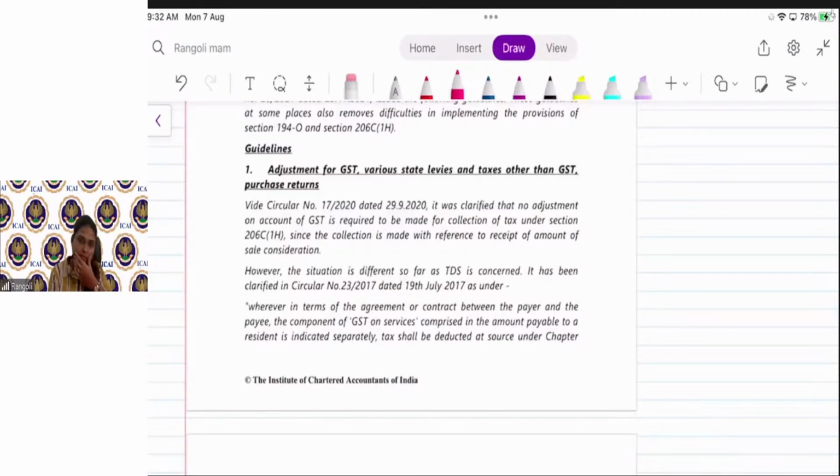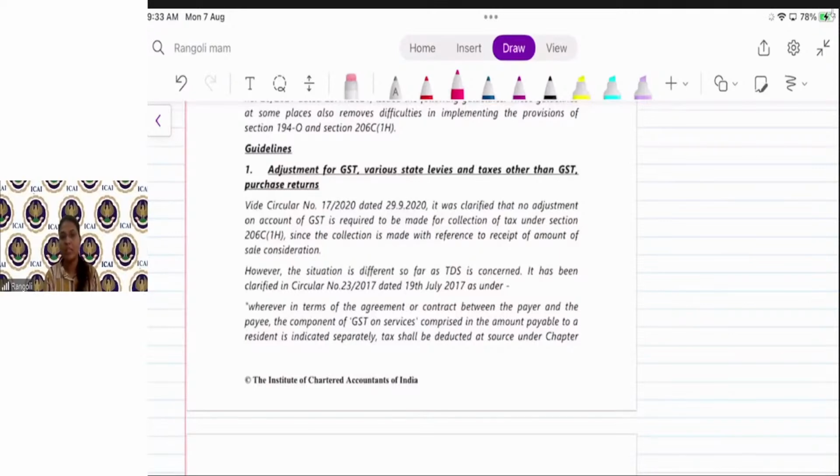Now GST. In case of purchase of goods, TDS is not required to be deducted on the GST component, if GST is shown separately. TDS is required to be deducted at the time of payment or credit, whichever is earlier. So if the credit is earlier, that is, if you are receiving an invoice and you are booking the same, then TDS is not required to be deducted on the GST component.